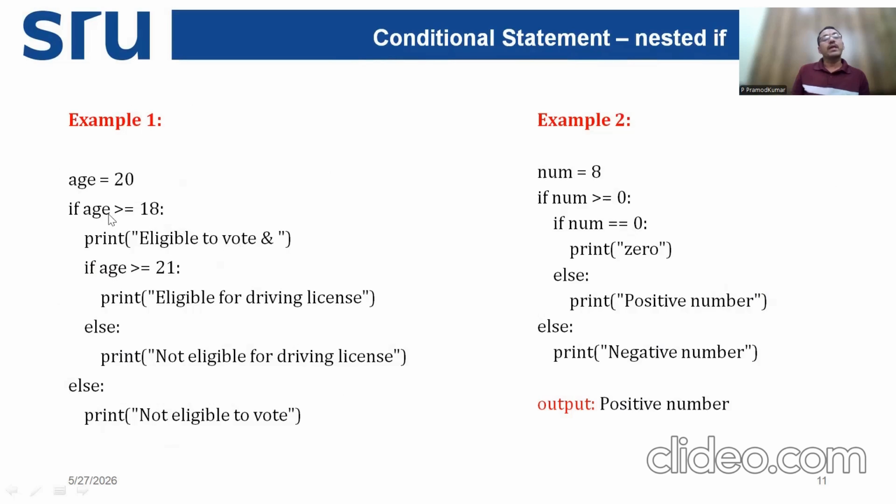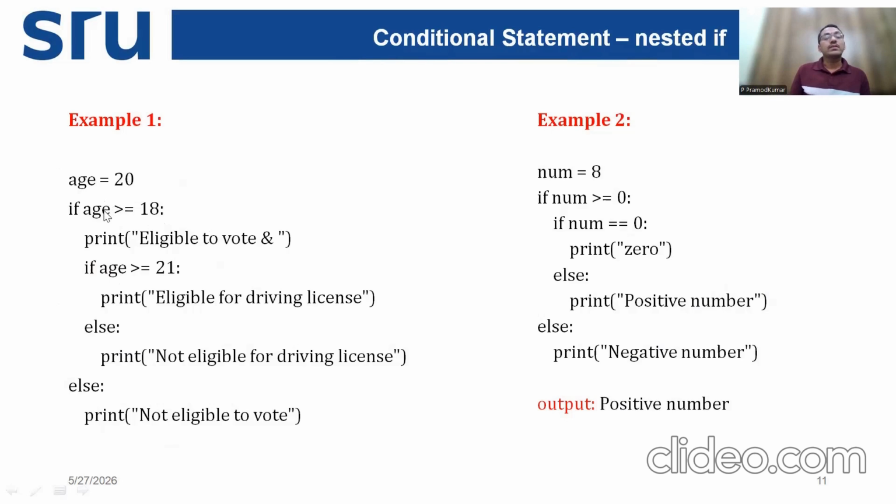Of course, the age of the considered person is 20, and 20 is greater than or equal to 18. Inside the outer one, I have one more. The same age I'm checking again, which is 21. Not only checking eligibility to vote, I would also like to check whether that particular person is eligible to apply for a driving license or not.